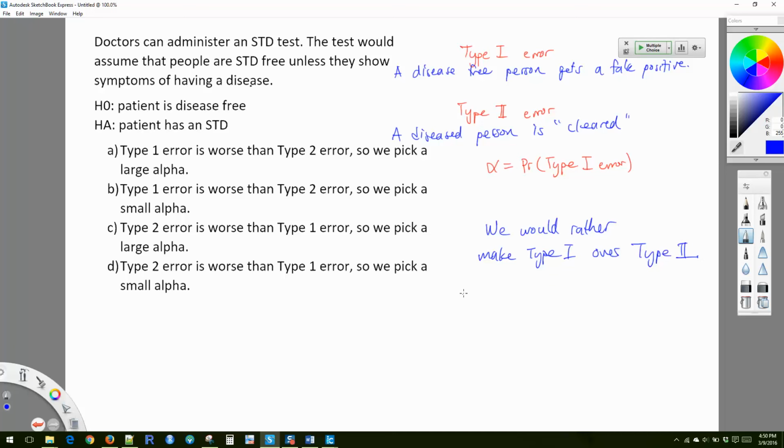So we are willing to increase our alpha rather than increasing our beta. So answer choice C is correct there. I'll post all of these up so you can review some of these conceptual type questions.